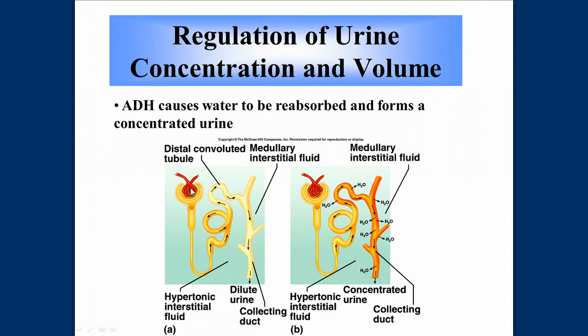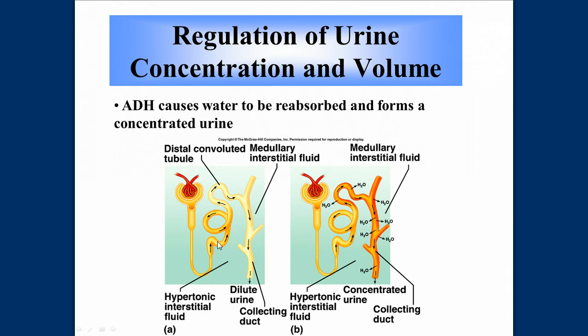And then we have the filtrate, the convoluted tubules, where you have the reabsorption happening, and so you lose the water through that proximal convoluted tubule. This is the descending loop and the ascending loop.